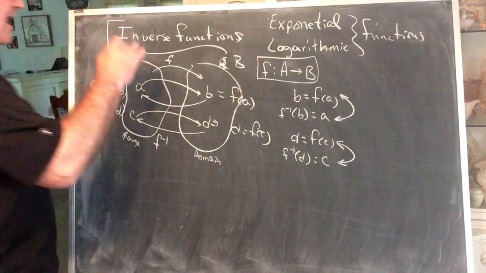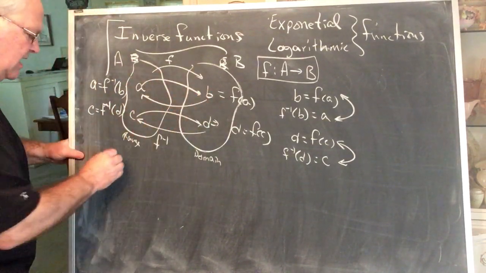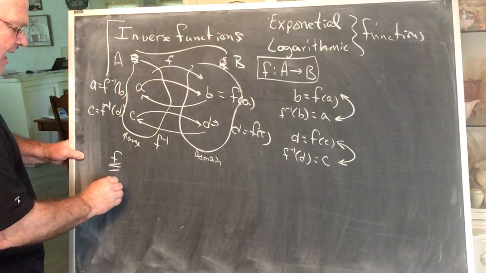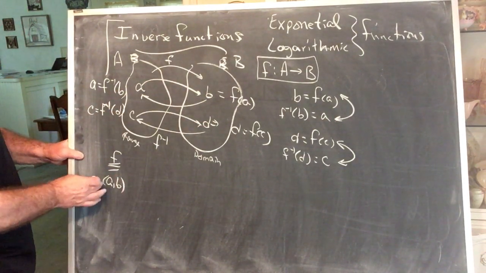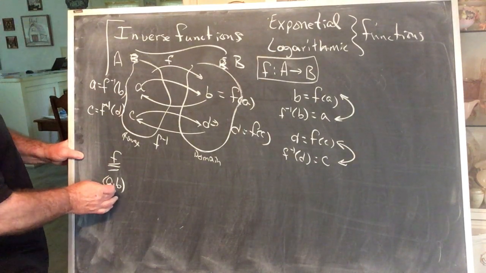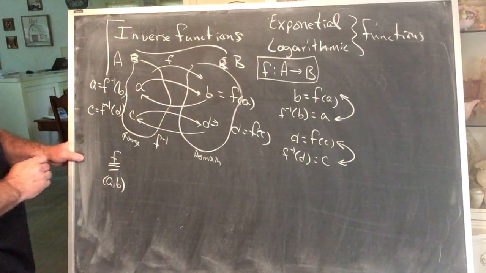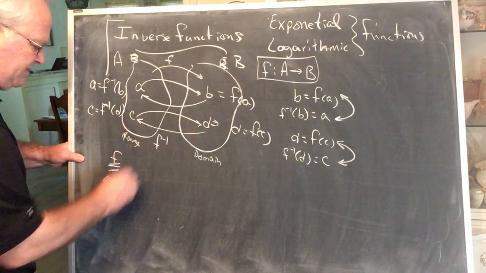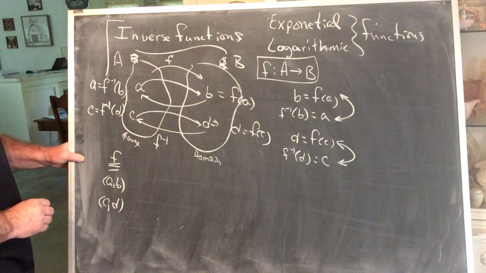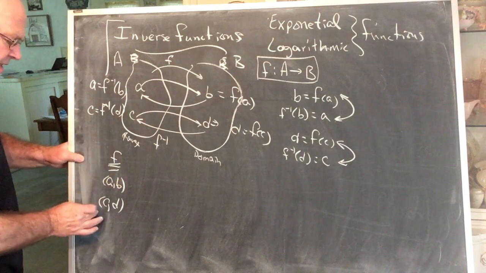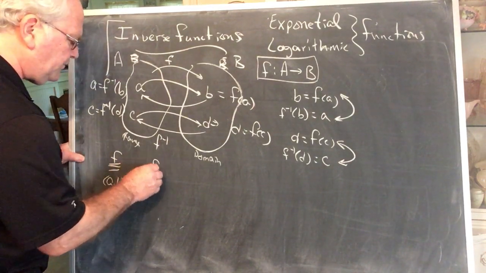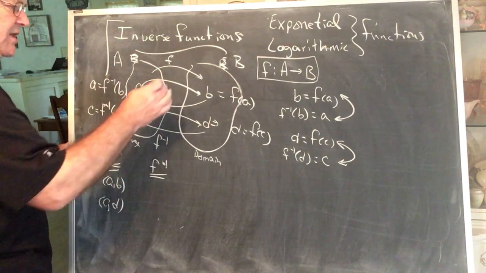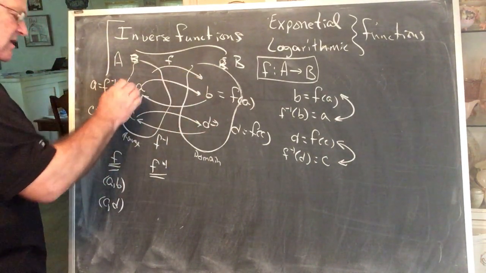Now, when we say A maps to B, then we can express f as a collection of points. We can say A comma B is a set of coordinates that is generated by this function f. Similarly, C, a domain value, maps to D, a range value. But for every set of values we have here, f inverse, if it's a function and if it exists, would have B as the input and A as the output.